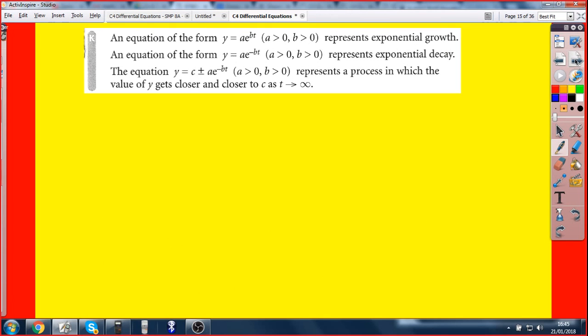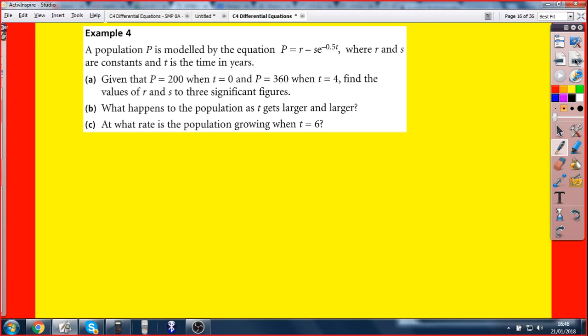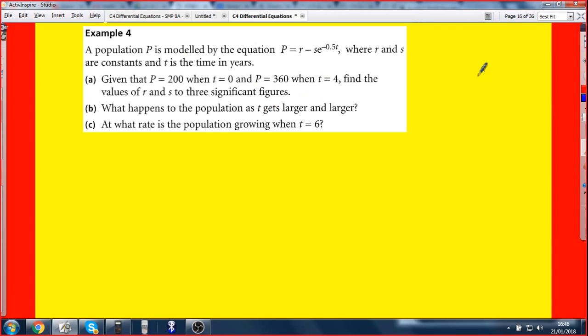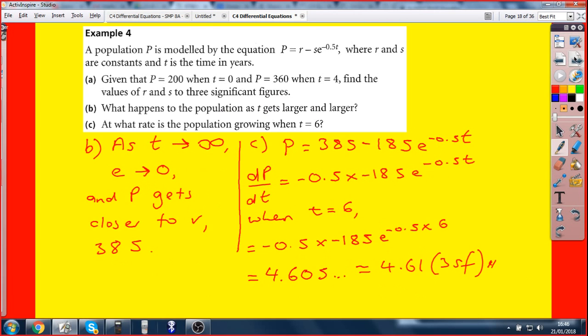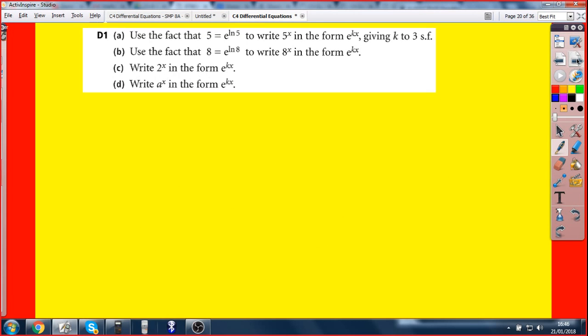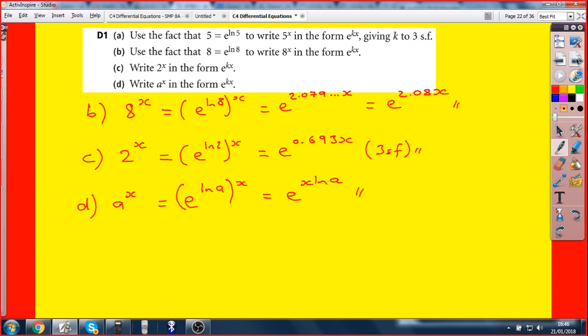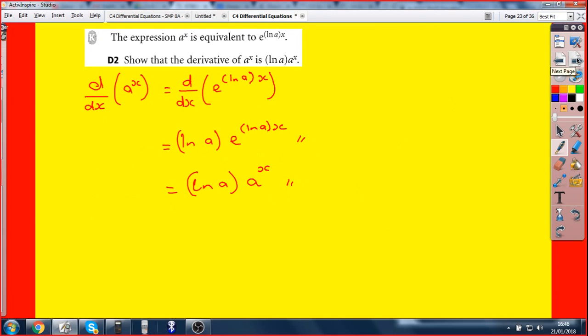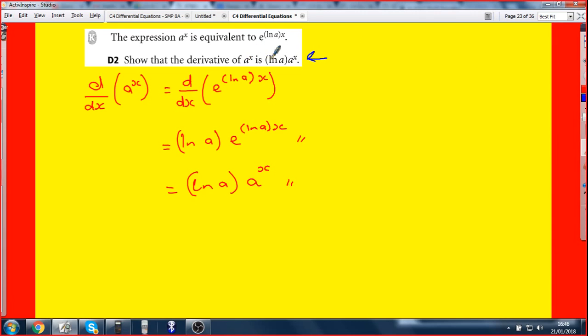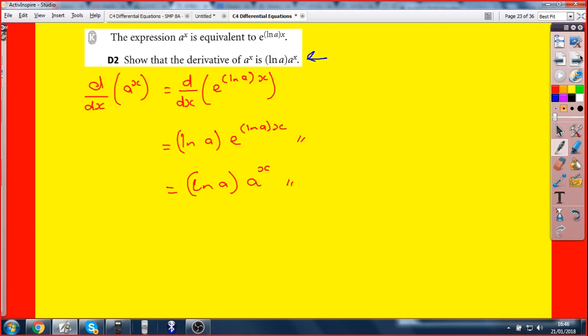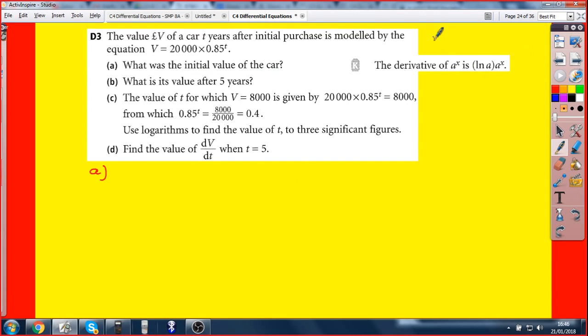Okay, so I think P is the ST. What happens if the population gets larger? Okay, so this is just population growth stuff. Further exponential functions, ln. We looked at this before. The derivative of a to the x is ln a times a to the x. That's all that the whole thing is about.